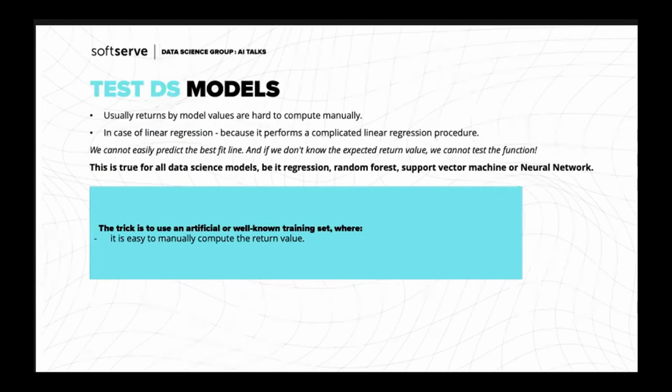Regarding the data science model, usually it returns values which are very hard to compute manually. For example, in the case of linear regression, it performs complicated procedures, that's why it's very hard to calculate manually.